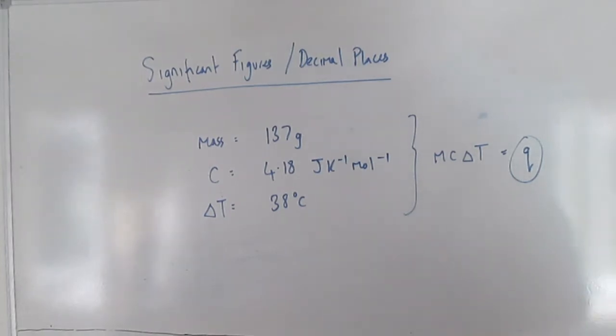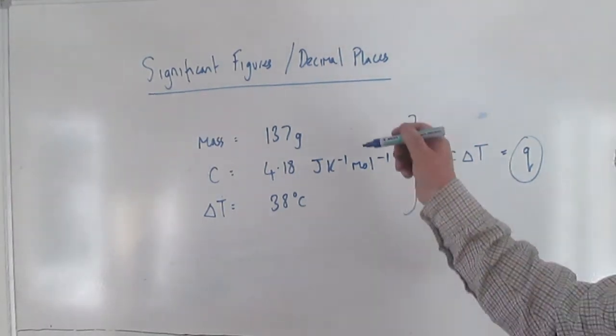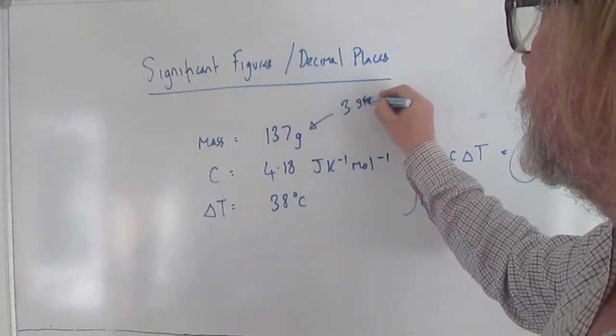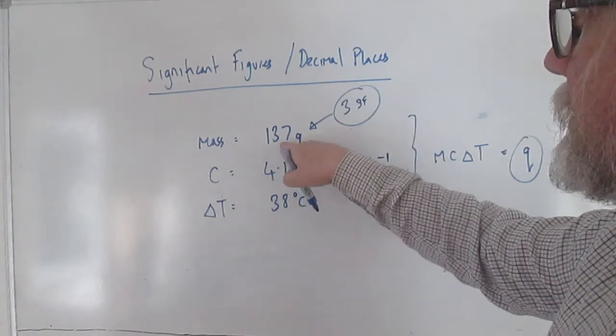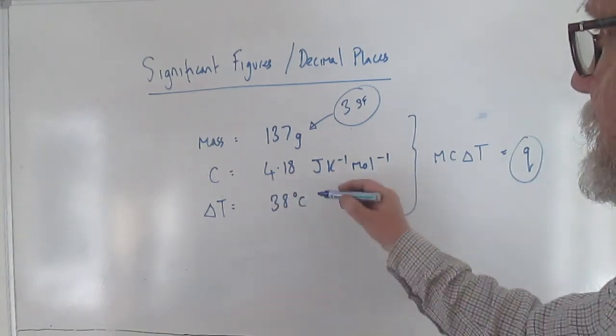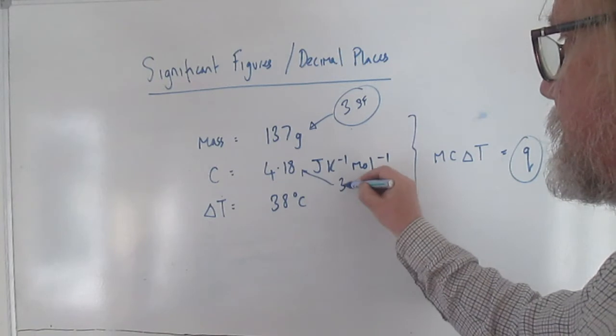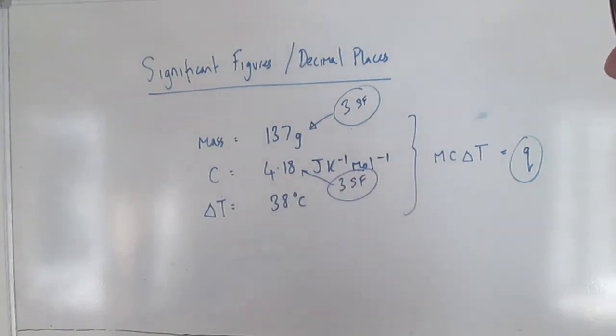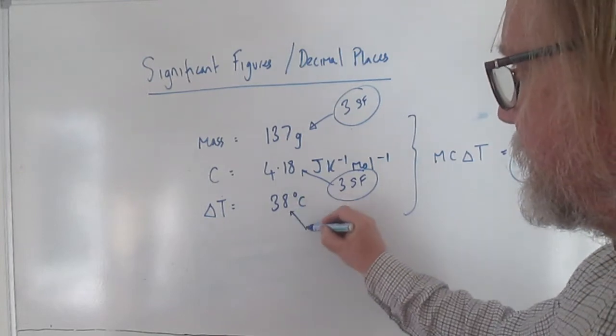How many significant figures can we quote Q to? So you look at the numbers that are fed in and you say, right, that is 3 significant figures. Okay, 1, 3, 7. This one, which comes from your data sheet, is also 3 significant figures. 1, 2, 3. But this is only 2 significant figures.